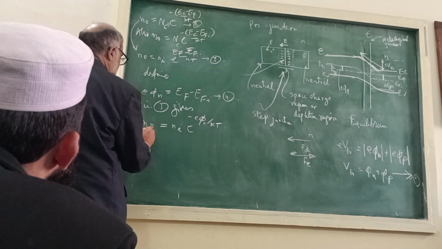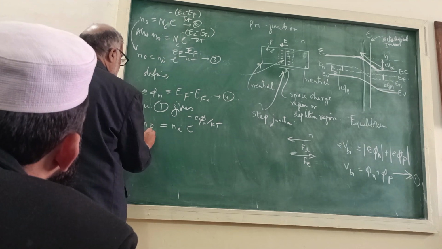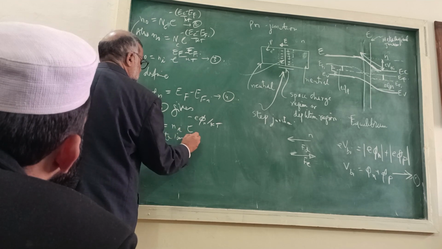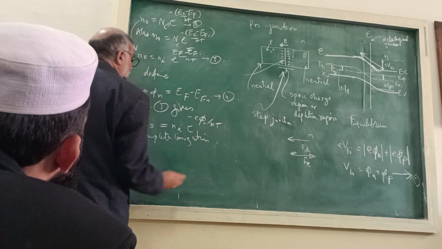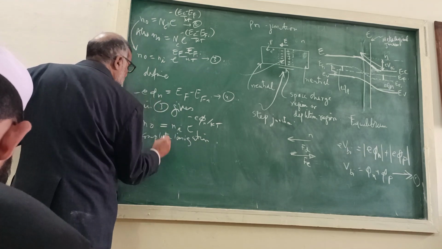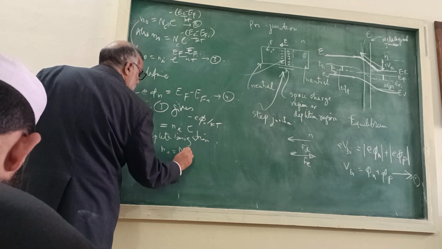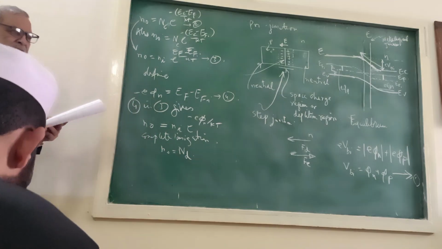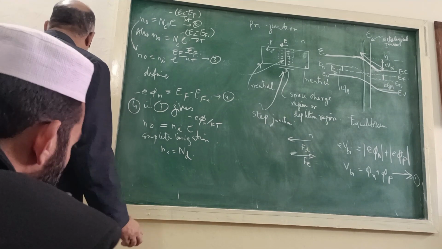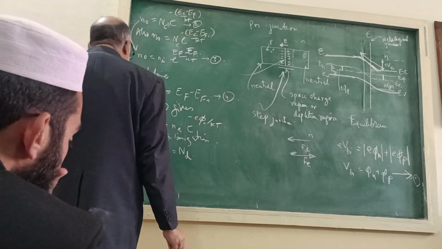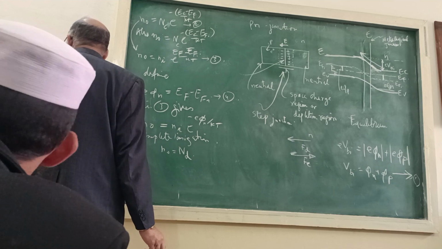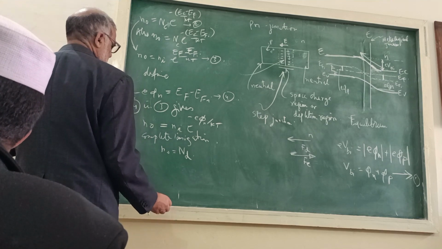Now suppose we say at this temperature there is complete ionization. At complete ionization, n naught will be equal to the number of dopants, so the dopants are fully ionized.